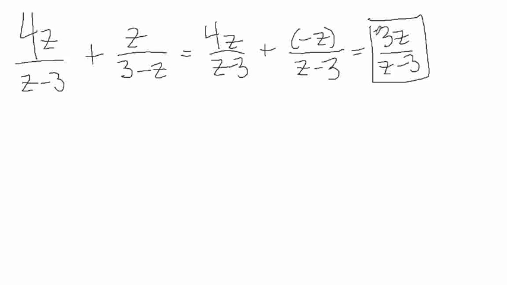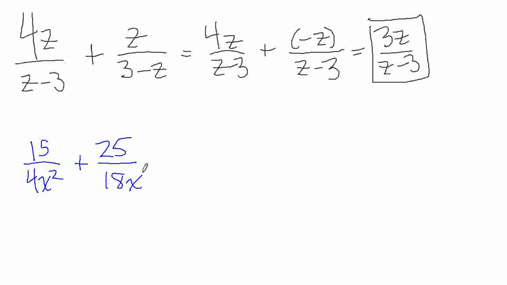Now, as I showed you in this example, we could keep tweaking it in different ways as necessary to get the denominators the same. What about if we had this? What if we had 15 over 4x squared, and we wanted to add that to 25 over 18x?